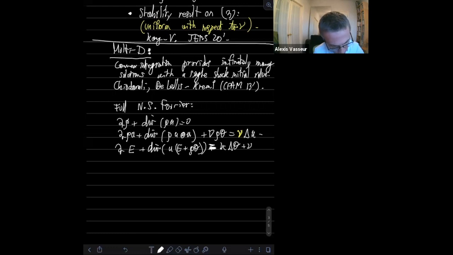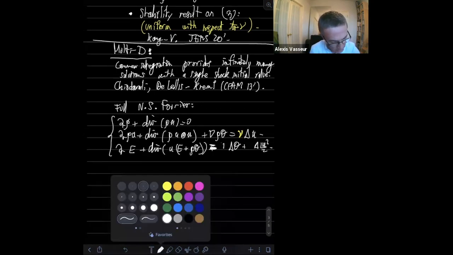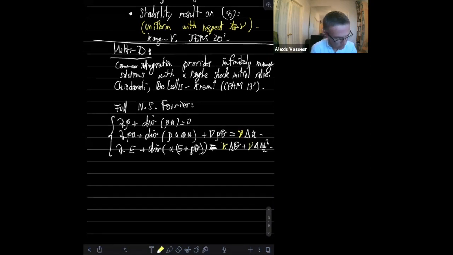Plus nu Laplacian of u squared over 2. Okay, so that's the system, right? And when nu is equal to 0 and kappa equal to 0, this leads to the full Euler system.